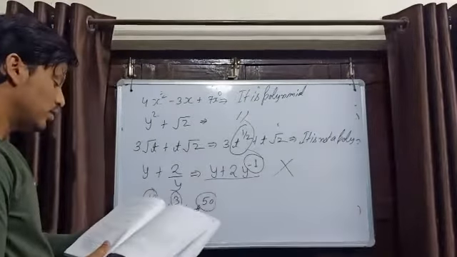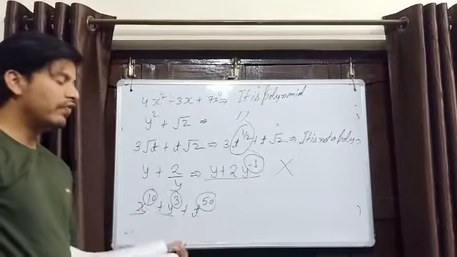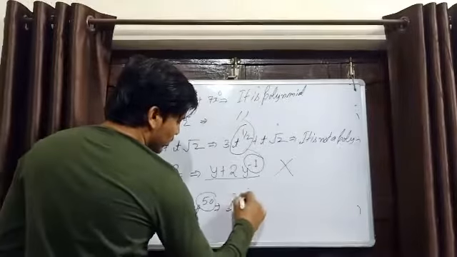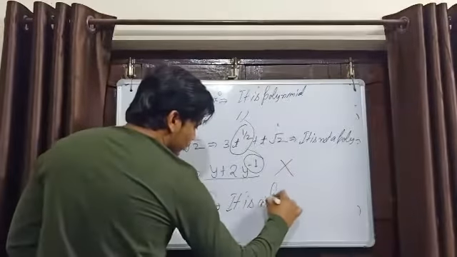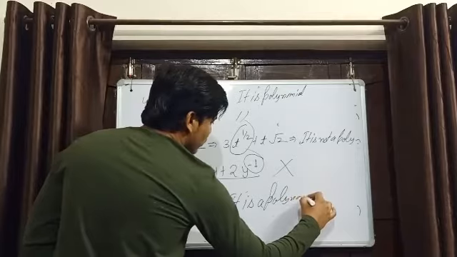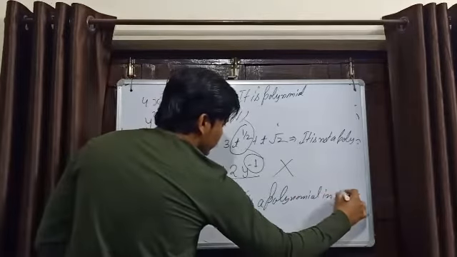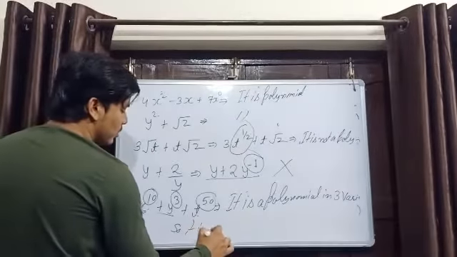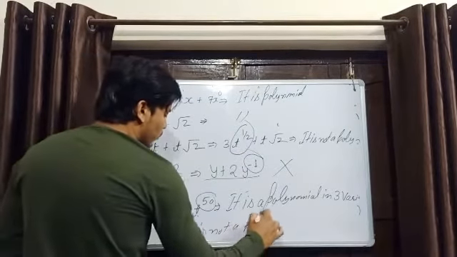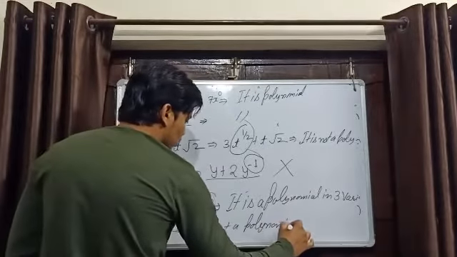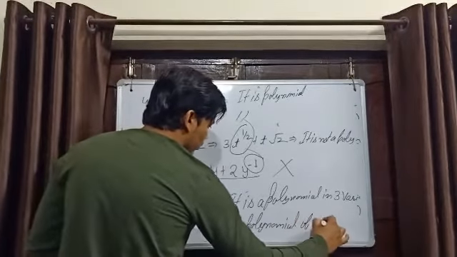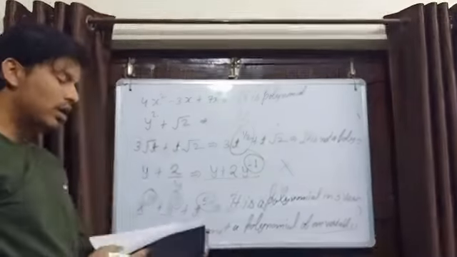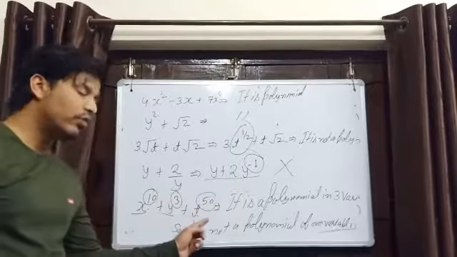But the question asks only for a polynomial in one variable, so you have to write that it is a polynomial of three variables, so it is not a polynomial of one variable.